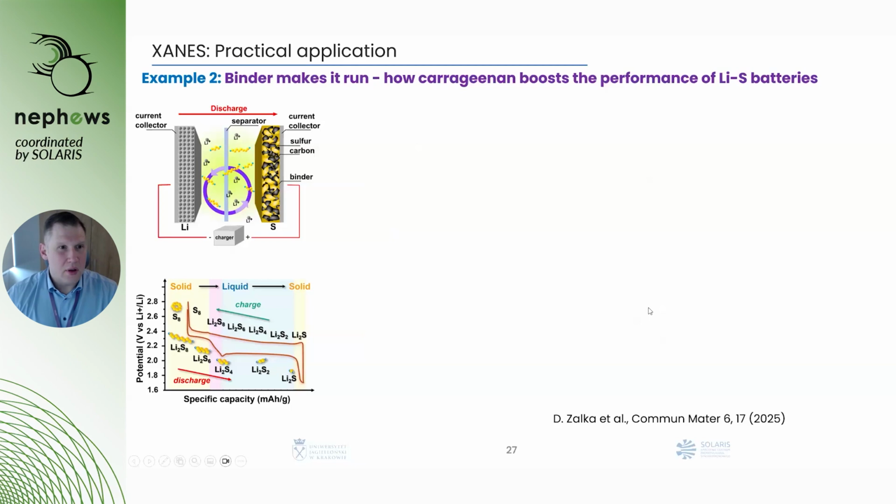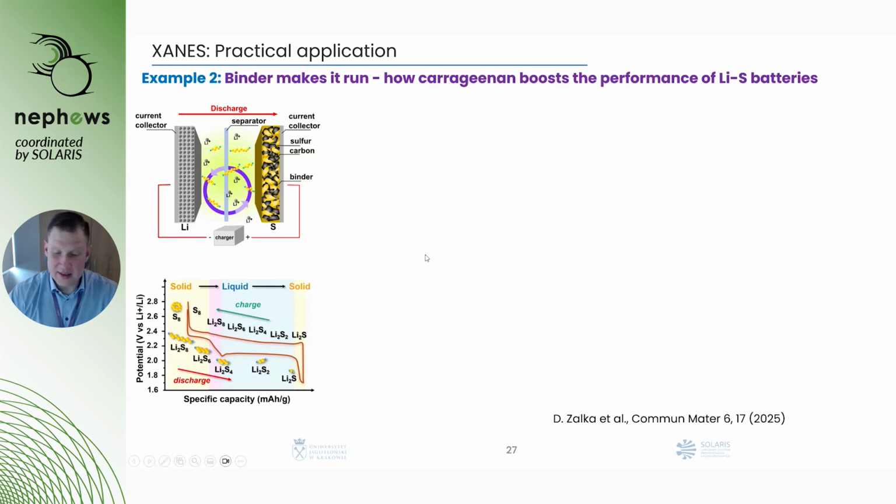Another example of how analysis of XANES spectra allows us to investigate what kind of chemical composition, chemical phases, appeared in our sample during the operando measurement. For example, here we measured what kind of sulfur compounds appeared in lithium-sulfur batteries during charging and discharging.